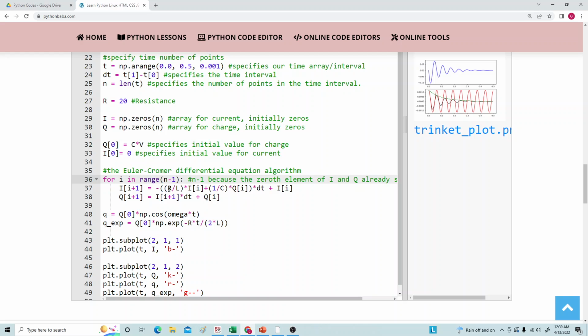The last I value is going to be 499, and 499 plus 1 is going to be the 500th element. So this loop is going to terminate after it calculates the last value.